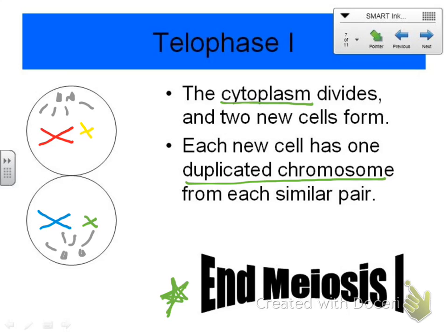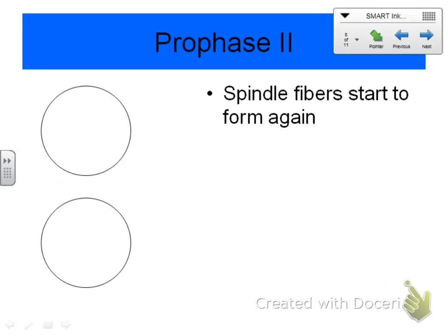All right, prophase 2. Our spindle fibers are going to start to form again. So we left some spindle fibers back in telophase 1. But this is our chance to get the other spindle fibers to grow and to develop. So as I draw those in, they're going to actually take over both sides of the cell.